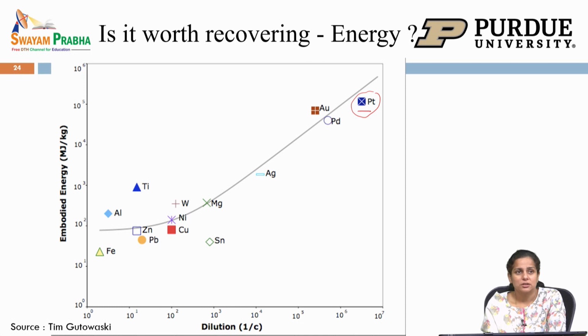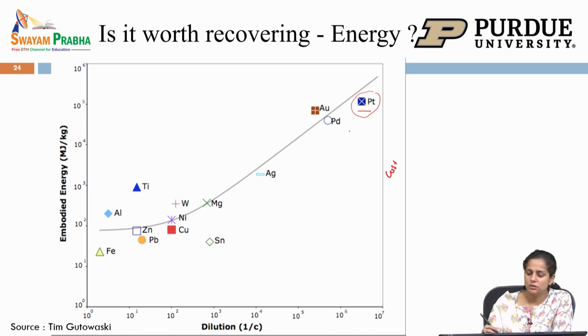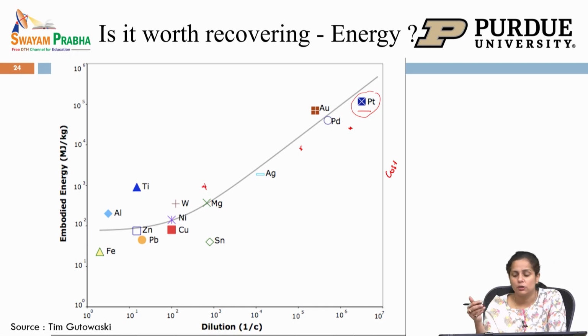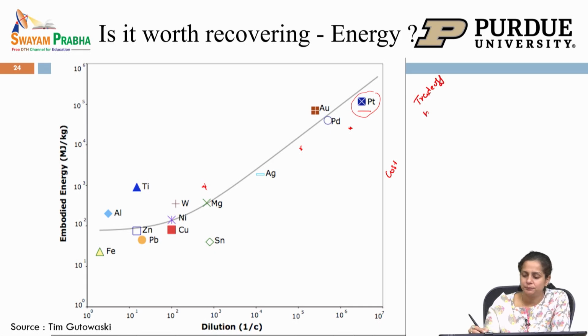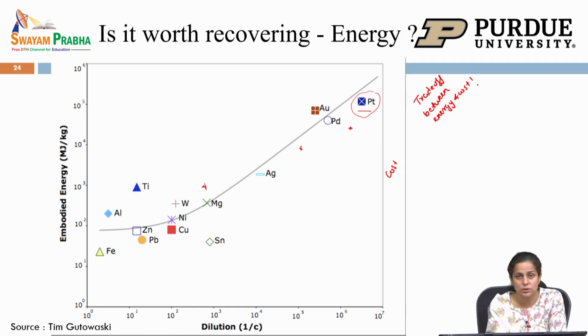Both cost and energy. So, instead of just embodied energy, we can also have the cost here. So, on the same graph, we could plot the cost of each product, and then we can compare and come up with a trade off between energy and cost at certain dilution level. So, here you would need to know how much energy you have already spent and what is the new cost that you are going to incur.